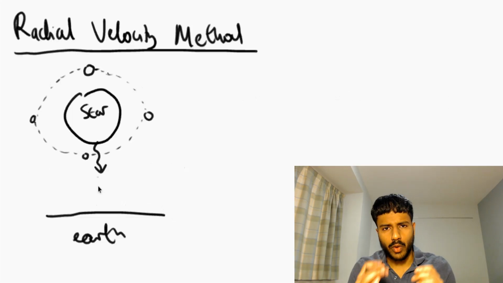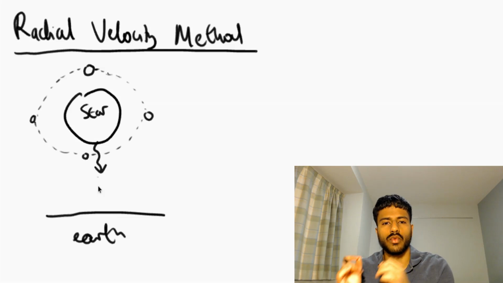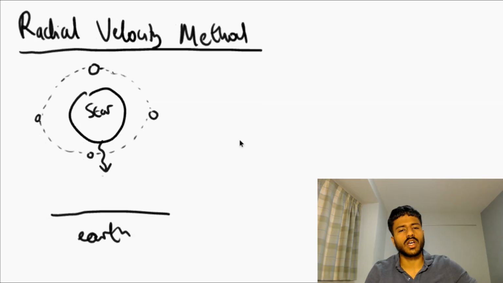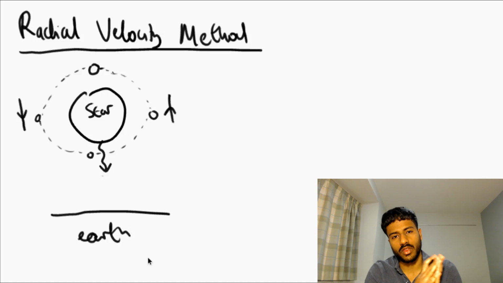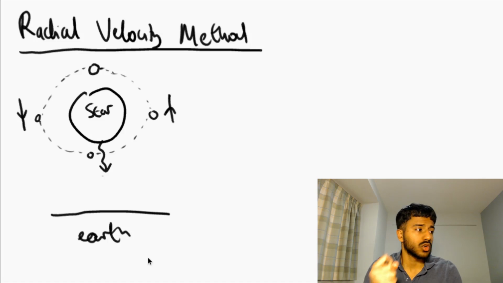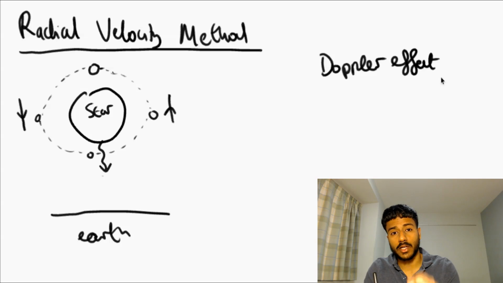Now, another major way of detecting exoplanets is something known as the radial velocity method. Now, you can see I have an exoplanet orbiting a star. This star is going to be emitting EM radiation, and we can actually receive spectral lines of this star. As a planet orbits this star, it's going to cause a Doppler effect in the spectral lines.